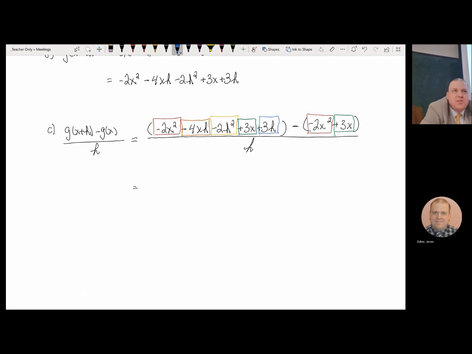And then the h terms, just in the numerator. I'm ignoring the denominator for right now. Oh, look, negative 2x squared minus negative 2x squared is 0. We have a plus 3x minus a plus 3x. That's 0.